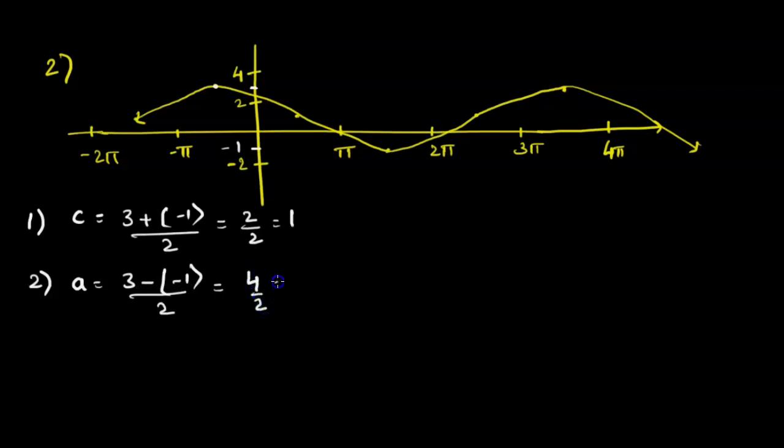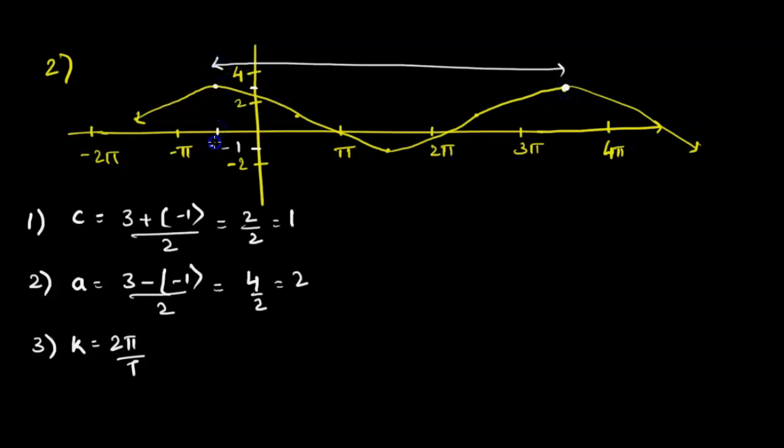which is equal to 2. Third step is to get the k value, where k is 2 pi divided by time period. Time period we know is the distance on the x-axis between the two maximas. We can easily locate the two maximas on this graph. So the time period is going to be, this point is negative pi by 2 because it's halfway between 0 and negative pi. And this point is halfway between 3 pi and 4 pi.